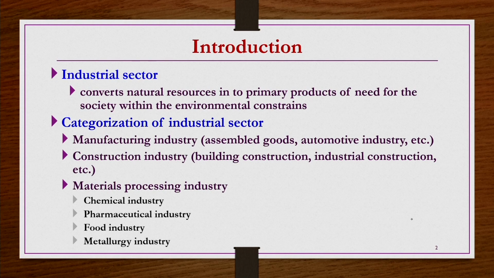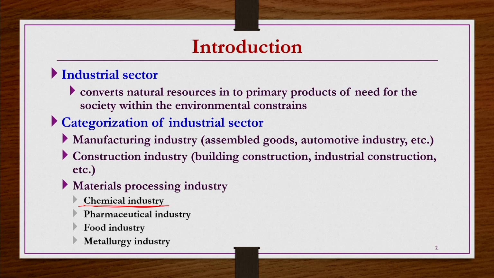Our chemical engineering is related to the chemical industry. However, by the end of the graduate course, you can realize that the principles you learn in chemical engineering are also very important and useful to other industries such as the pharmaceutical industry, food industry, and metallurgical industry.